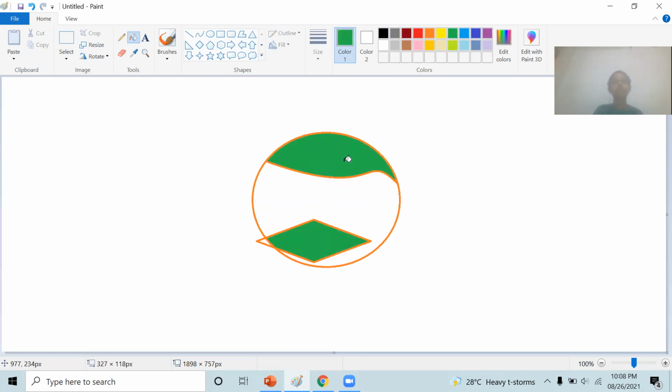Okay, there you go. So let's take this as the Earth. Now the Earth is rotating around its axis.